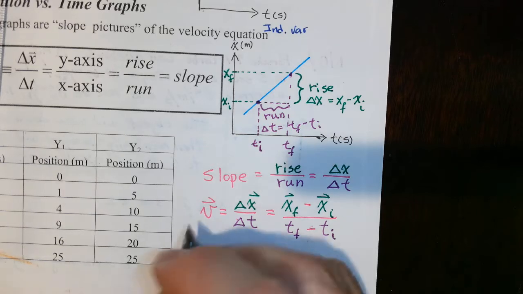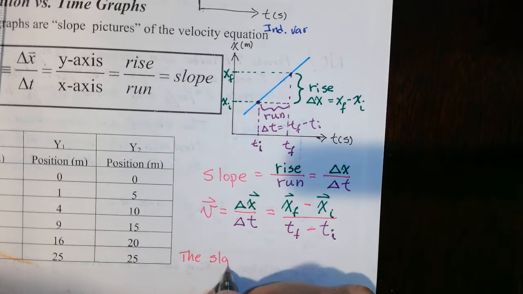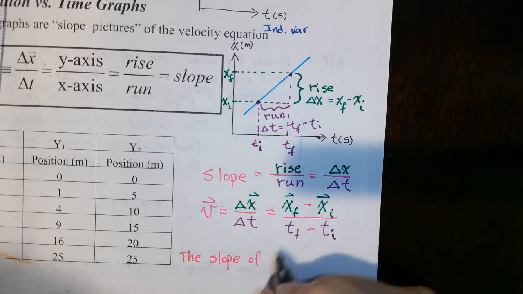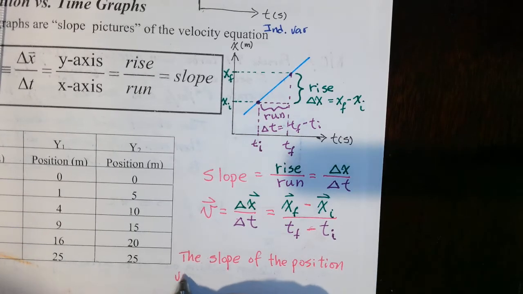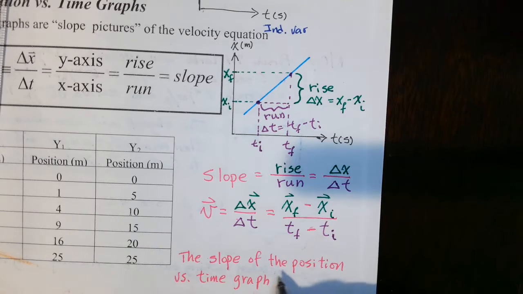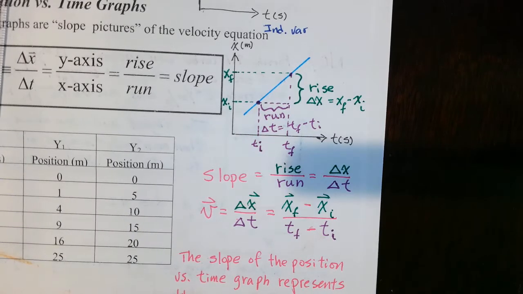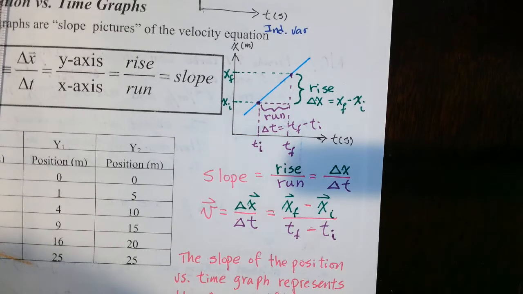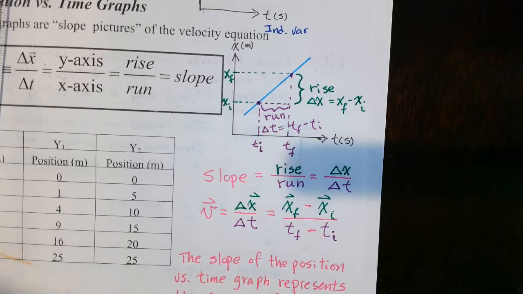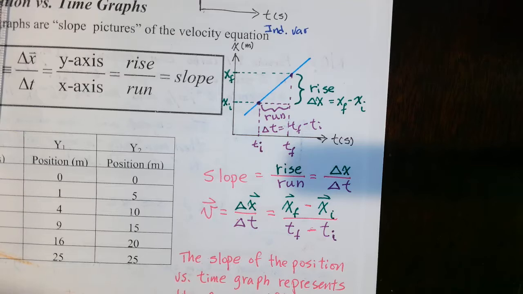So the slope of the position versus time graph represents the average velocity between the time interval.